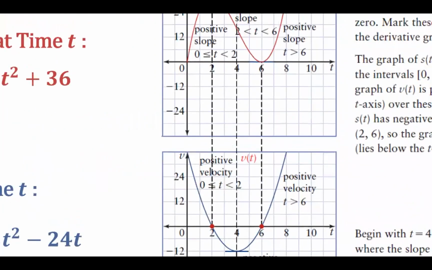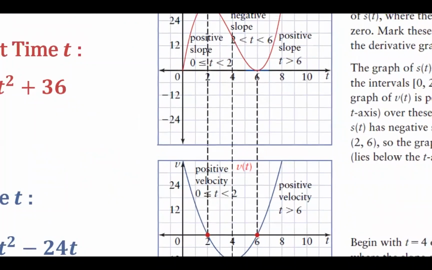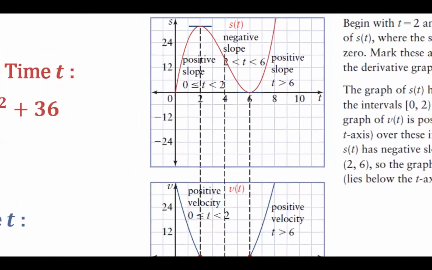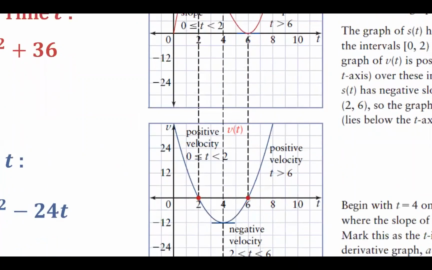So actually you can correlate these two graphs. As you can see here, there are some critical points at t equals 2 and t equals 6, right? At t equals 2, the instantaneous rate of change, or the instantaneous velocity, equals 0. So that corresponds to the parabola at t equals 2.